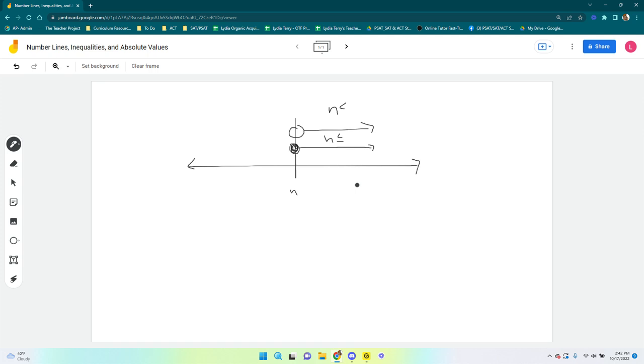A lot of times inequalities show up in word problems, so you want to think very carefully about what things like "at least" and "no more than" mean. I don't know if I can even think of a comprehensive list of all the clever ways they can put inequalities into a word problem, but you're always going to want to ask yourself, does it include the number or does it exclude it?